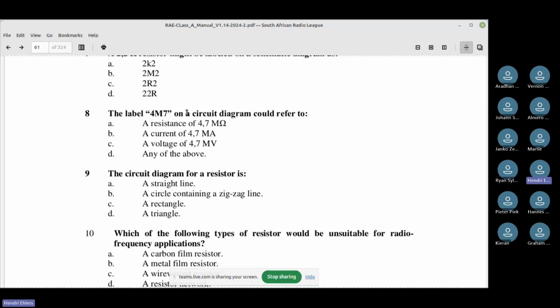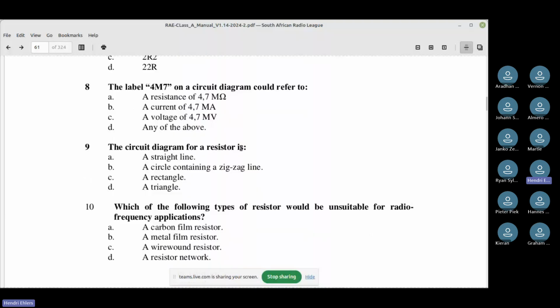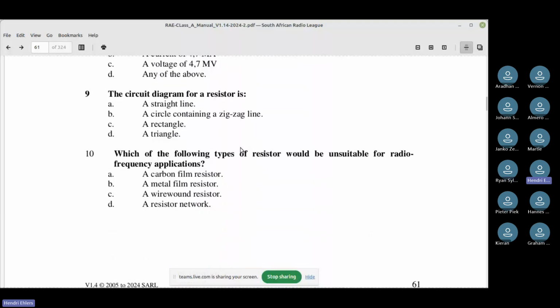It's true. You are right. Is it Ryan? Okay, great. That's correct. That's a real trick one. Luckily, that one is one of those trick ones. Yeah, because we are working with resistors, so we assume that it's meg. But I know you know what they say about assumption.